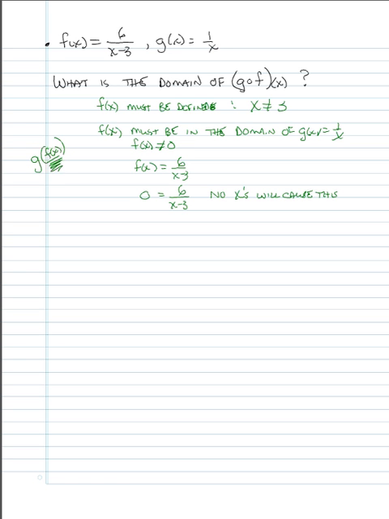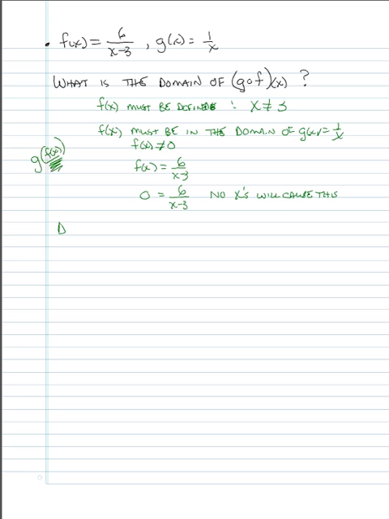Well, the only way a fraction can have the value 0 is if it's going to create a 0 numerator. A fraction's not 0 unless the numerator is 0. And since the numerator here is 6, no matter what we put in for x, we're going to get 6 over some number, and that won't be 0. So in this case, there's only one bad value, okay?